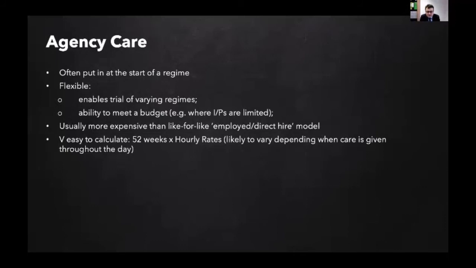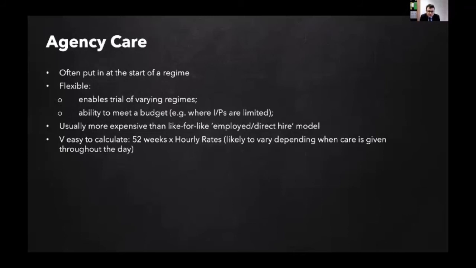There are some exceptions to that rule. In certain cases, you may well be able to justify agency care on a lifelong basis. That may well be in circumstances where, for various reasons, there's likely to be a high turnover of care staff. You may well evidence that simply by what's happened in the past and the difficulty of retaining care staff in a certain geographical location.